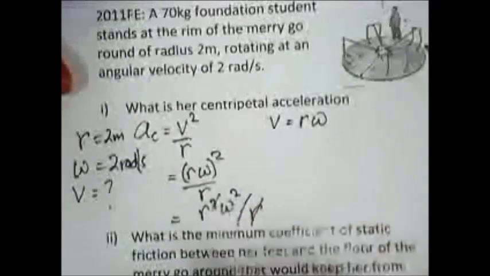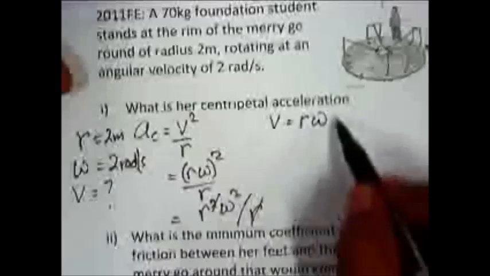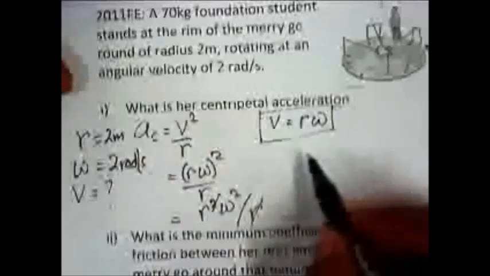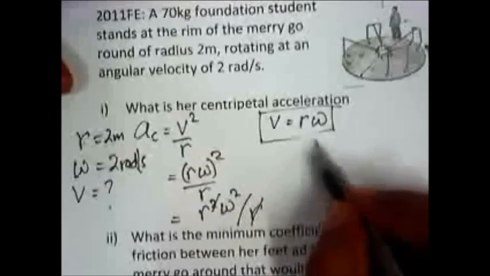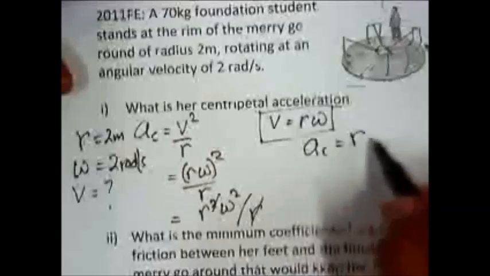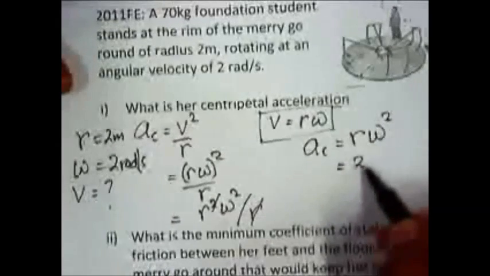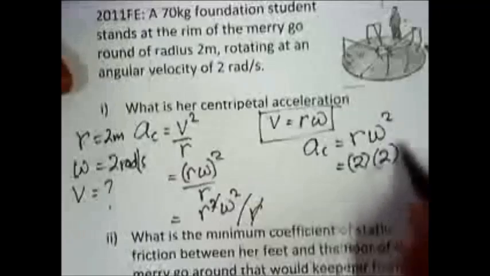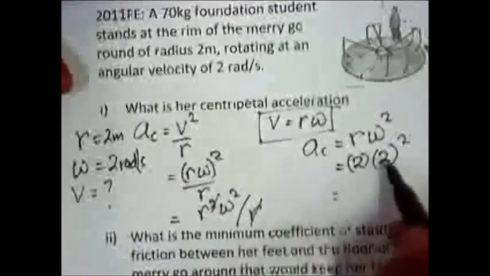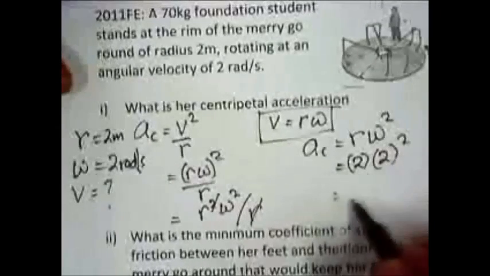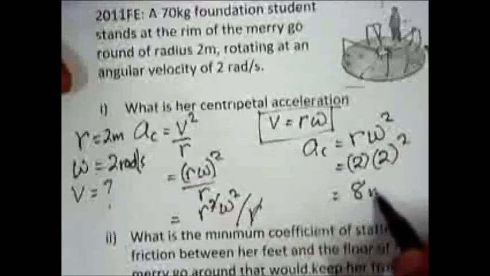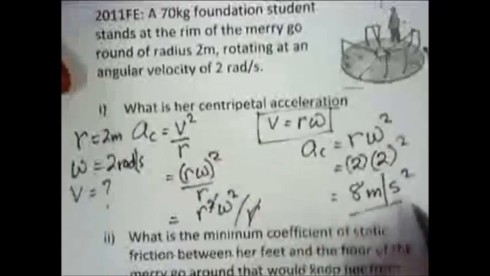This r will cancel with one there. What you are left with is that your centripetal acceleration is equal to r omega squared. So you just put in the values, 2 into 2 squared, 2 squared becomes 4 times 2 becomes 8 meters per second squared.